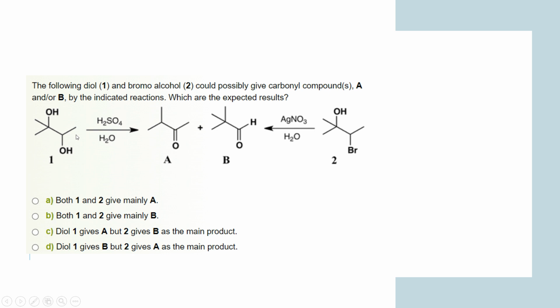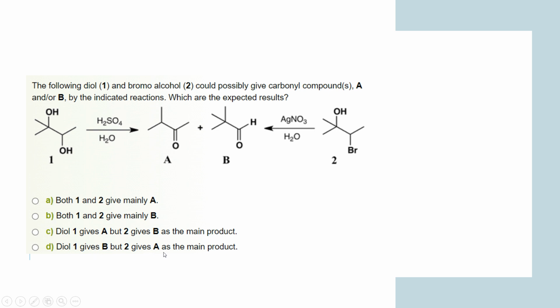Okay, so in the question you have to choose whether both 1 and 2 give mainly A, or both 1 and 2 give mainly B, or diol 1 gives A but 2 gives B, or diol 1 gives B and 2 gives A.